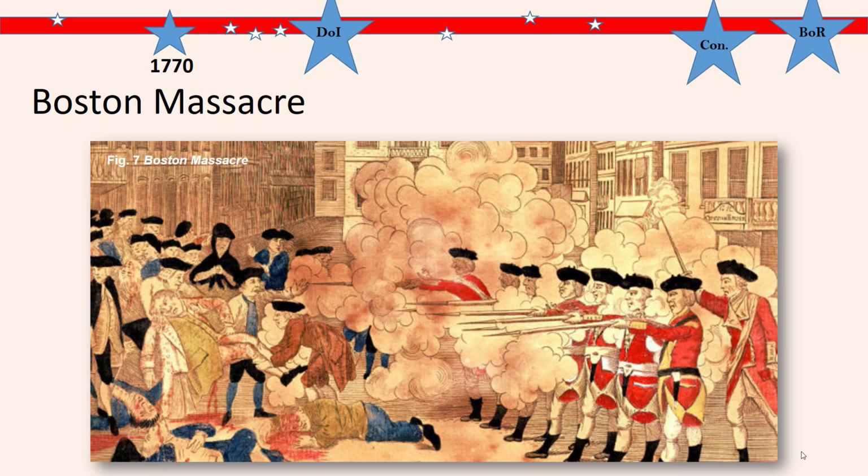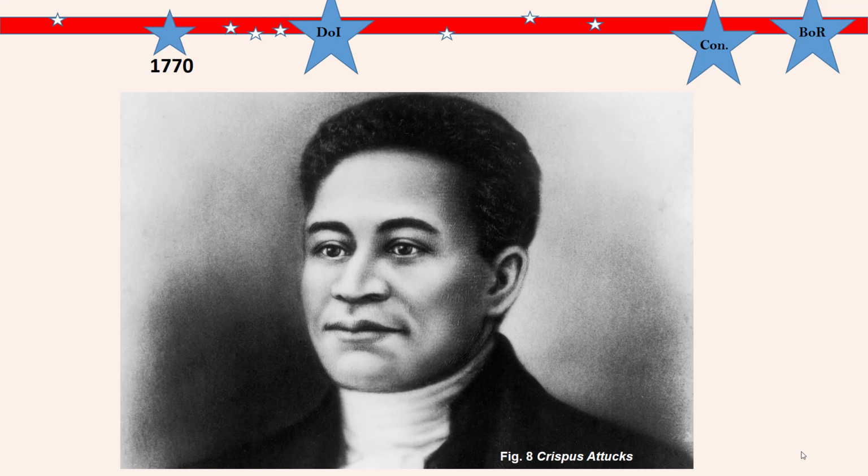Among the individuals who would die is a really important person. His name is Crispus Attucks. He's an African-American gentleman born into slavery, and his mother, I believe, was indigenous American, so he's a mixed-race individual. He ran away from slavery successfully, in fact, became a sailor, and did a number of things, it sounds like.